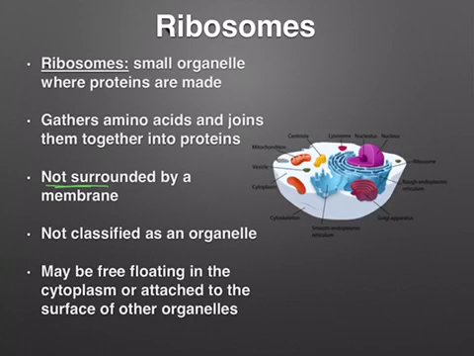They can be free-floating in the cytoplasm, or they will attach to other organelles. And so if you look at this structure called the rough endoplasmic reticulum, you can see the darker blue dots on it, and those darker blue dots are the ribosomes. Or you could have ribosomes free-floating in the cytoplasm by themselves.